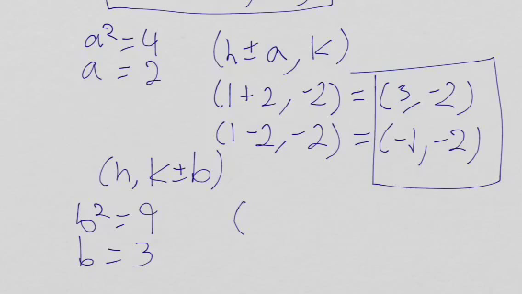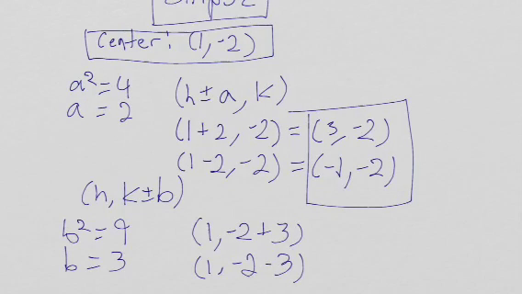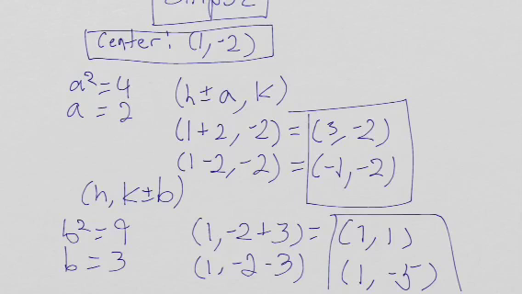So our h value being 1, and then k value being negative 2, plus b will give us 1 comma 1, and minus b will end up equaling 1 comma negative 5. So these are our covertices.